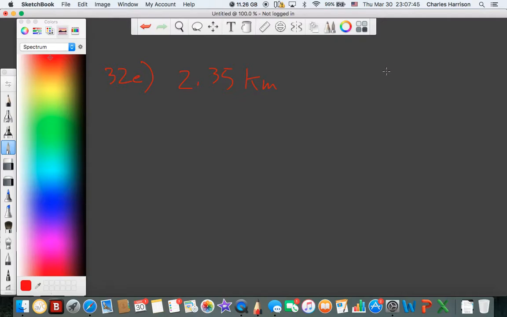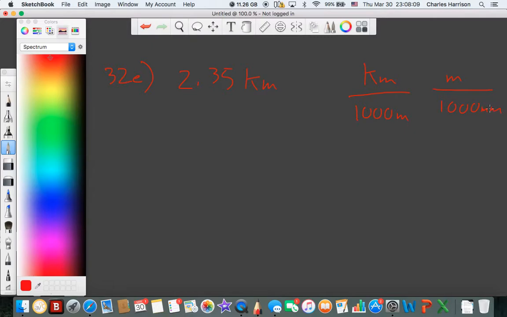All right, so first off, we want to convert this to meters. So 1 kilometer is equal to 1,000 meters. And 1 meter is equal to 1,000 millimeters.